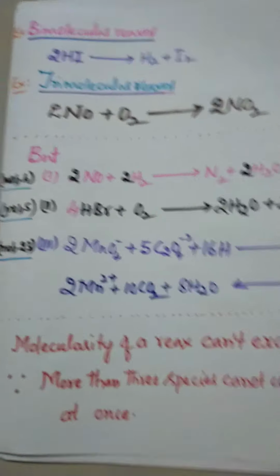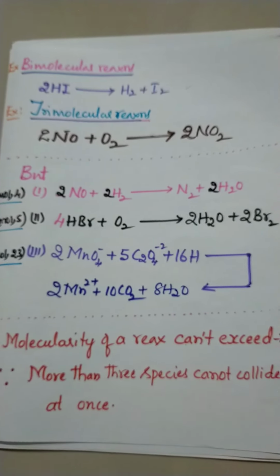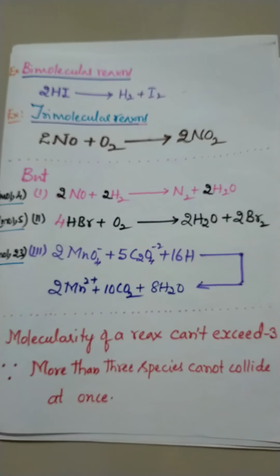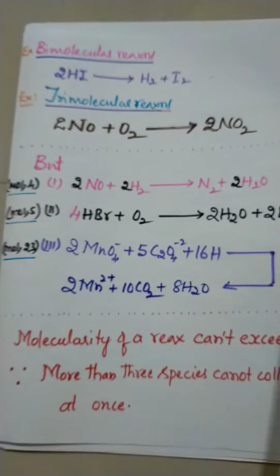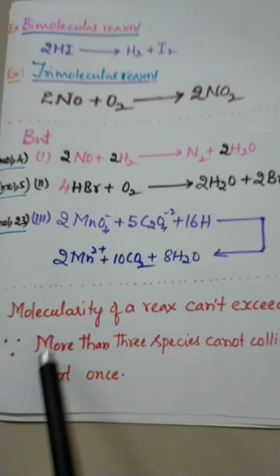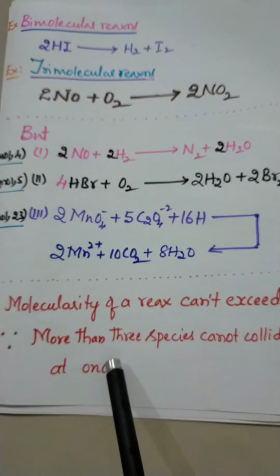Why? Because molecularity means the number of atoms that come close to each other and participate in the collision. They should collide. How many atoms should collide? More than 3 species cannot collide with each other.